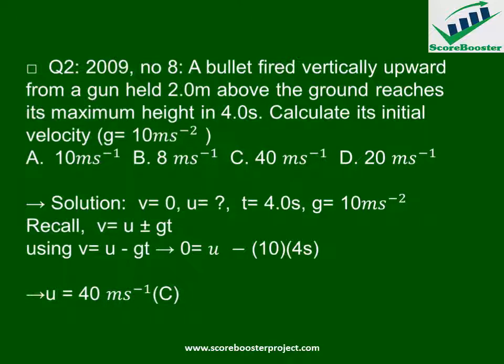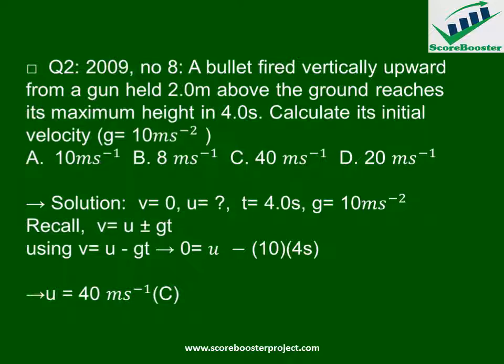Now, the next question we shall be considering comes from 2009, number 8. And the question goes thus: a bullet fired vertically upward from a gun at 2.0 meter above the ground reaches its maximum height in 4.0 seconds.